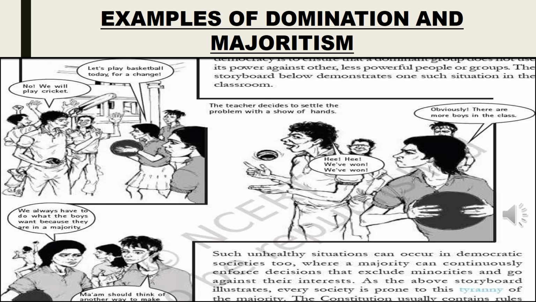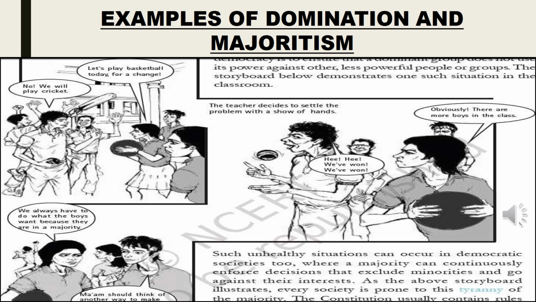Such unhealthy situations can occur in democratic societies where a majority can continuously enforce decisions that exclude minorities and go against their interest. Every society is prone to this tyranny of the majority.